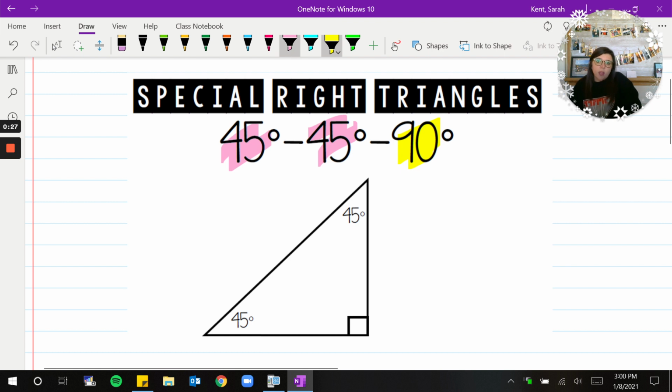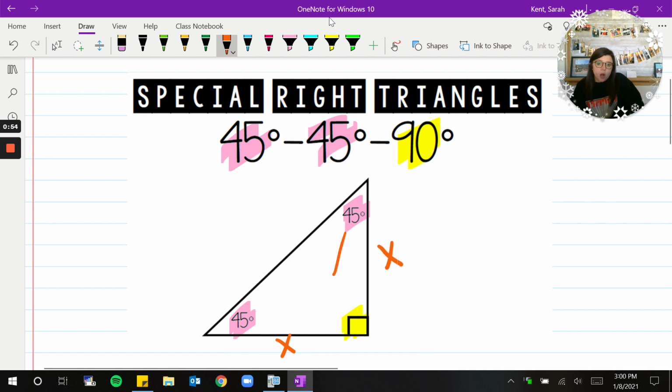This is a triangle that has two 45-degree angles and one 90-degree angle. This rule that we're going to learn works for every single triangle that has two 45 degrees and one 90 degree. Whatever the length is on this side will be the same on the other.